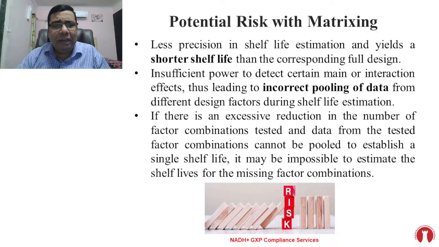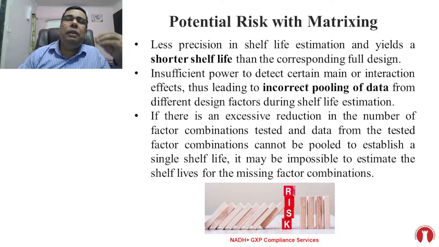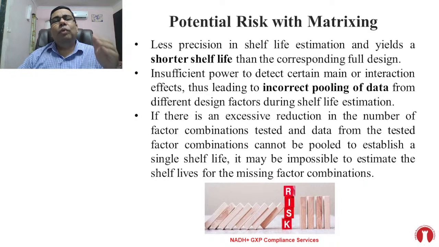Not many justifications or rationales are required, because when you are submitting the data, you are also submitting the manufacturing formula, packaging profiles and all, so this is understood by the reviewer. But when you are reducing the testing in matrixing, there are some potential risks. So what are the potential risks? They are listed here.